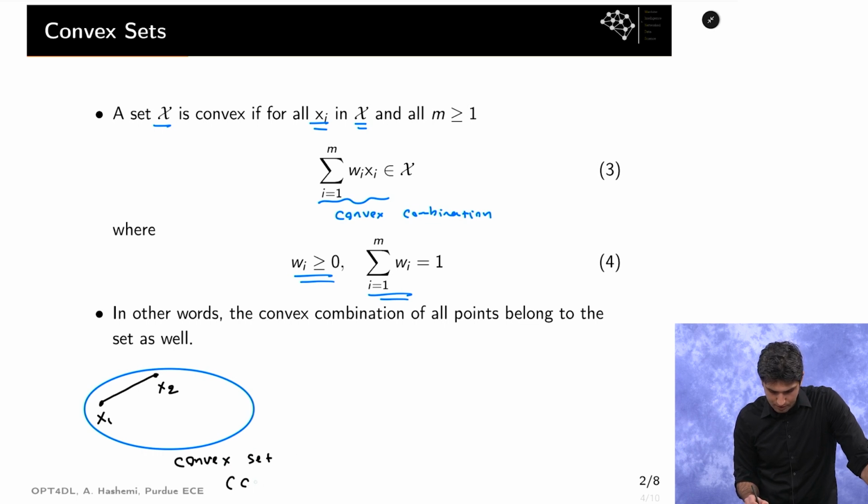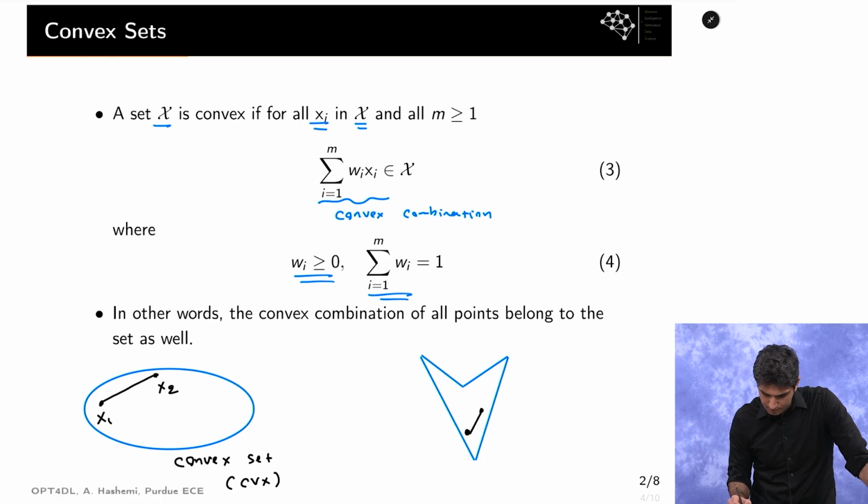And sometimes I write CVX as a shorthand notation for convexity. So let's compare this set with this example. Here, if you consider these 2 points, the line segment again belongs to the set.